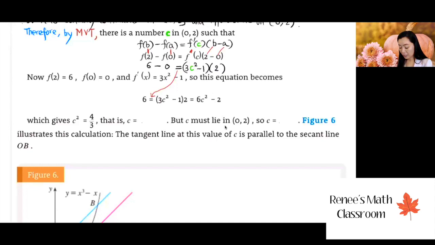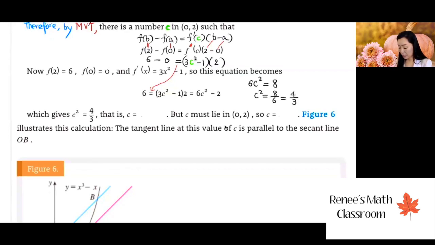To solve for c over here, you get 6c squared equal to 8. So c squared is 8 over 6, which reduces to 4 over 3. Normally you get two roots, right? c is plus or minus square root of 4 over 3.